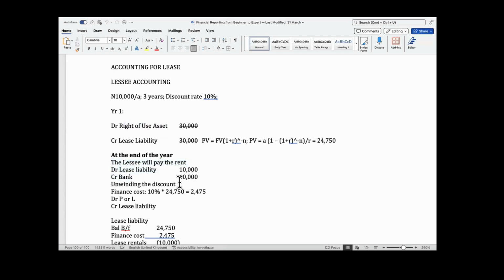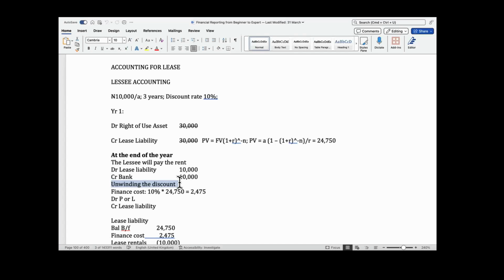Also, at the end of the year, we're going to unwind the discount because whenever we discount future values to present value, and we put that present value in our books, as we move through time, as we move into the future, or at the end of each year, you need to start unwinding that discount. You need to start increasing that amount.